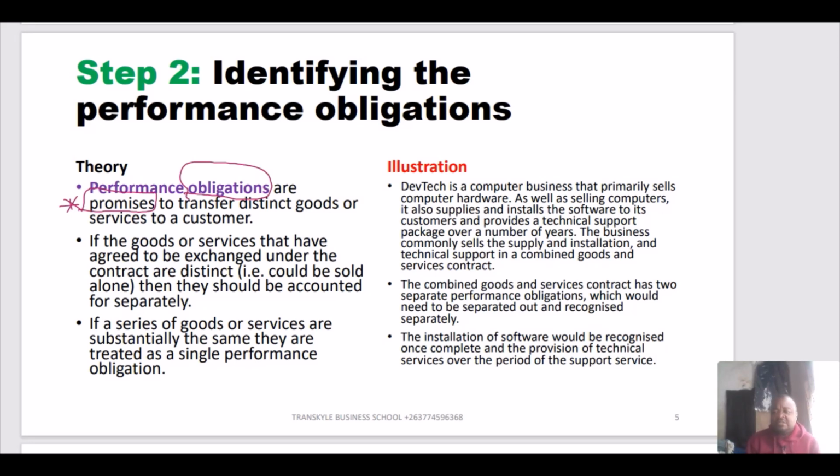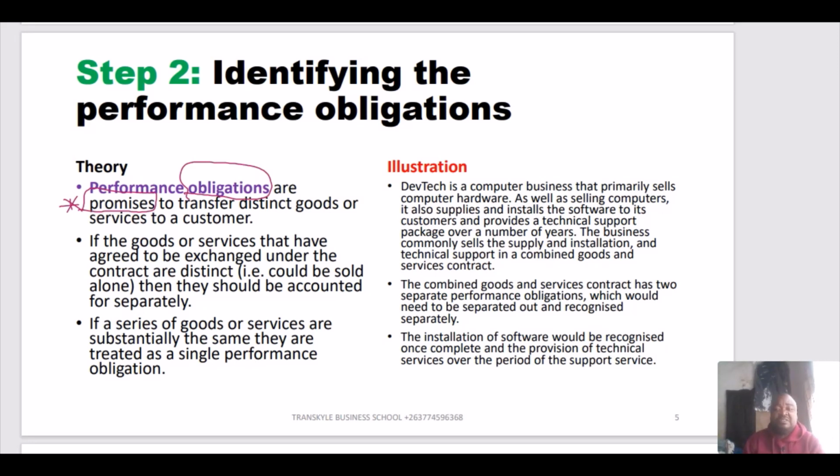All right, but the word promise is actually something palatable in the business sense. We don't have to use those highly legal jargon, so we end up intimidating people to do business. So the word promise is actually a befitting one. So performance obligations are promises to transfer distinct goods or services to a customer.